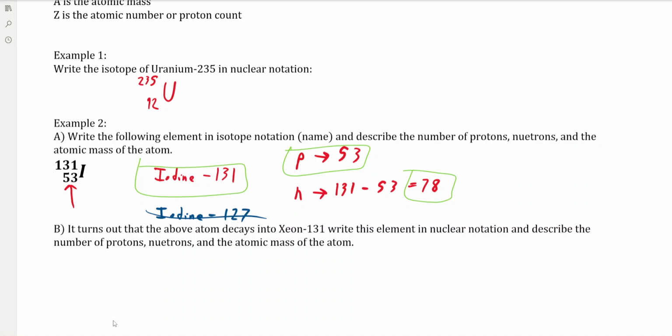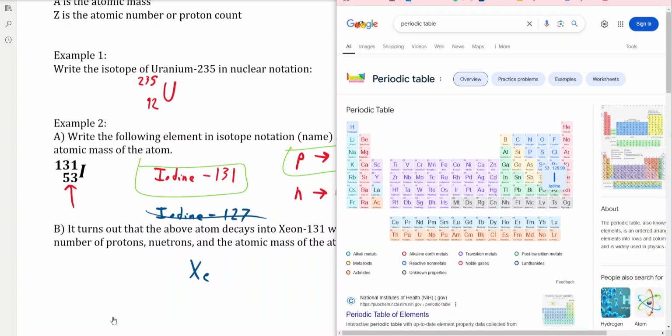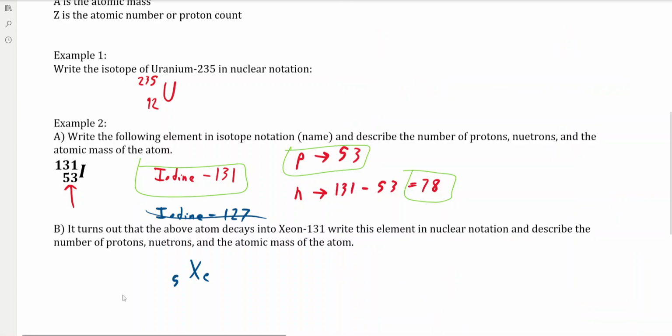So it changes into xenon, so it's going to be Xe, and then we have to check the formula sheet, so it's going to be around there, so it's 54. So it's going to be 54 down here, 131 up here. And now to describe the proton count, it's going to be 54 here.